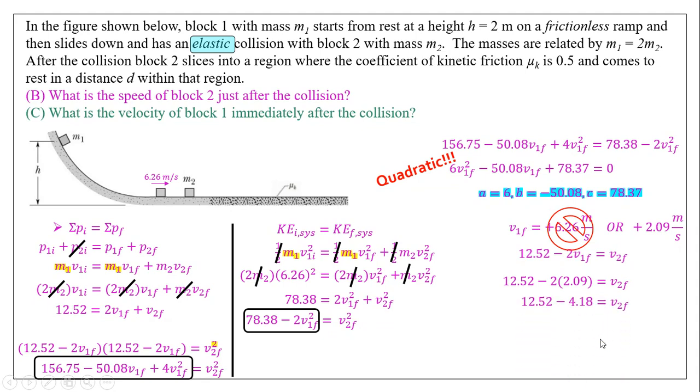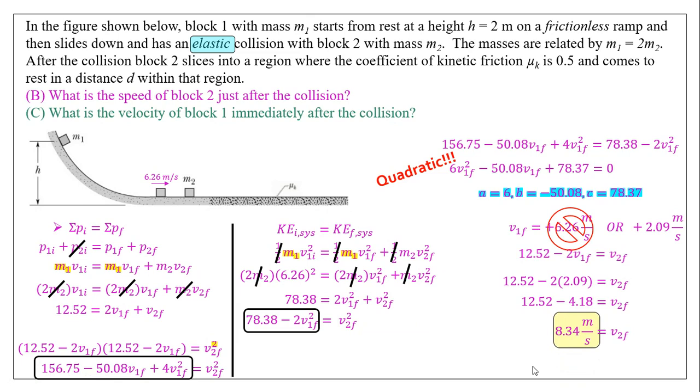If you do your calculator work, 2 times 2.09 will give you 4.18, and then 12.52 minus 4.18 will give you a value of 8.34. And because part B asked for speed, I left the answer just in its magnitude form without the direction. So the speed would be 8.34 after the collision.